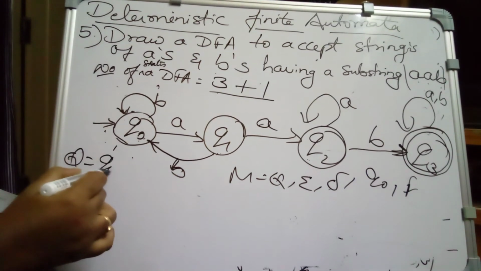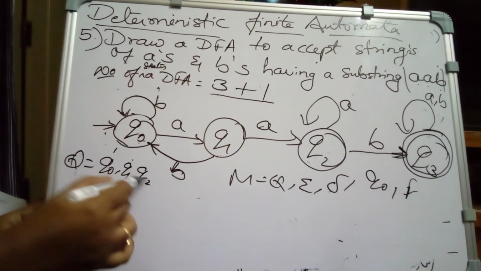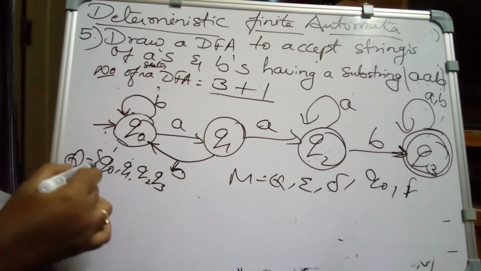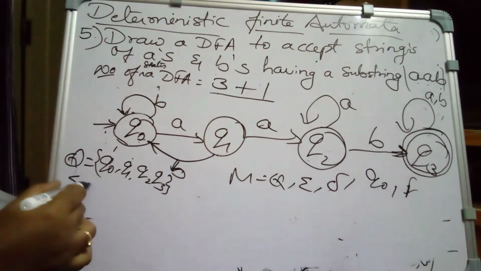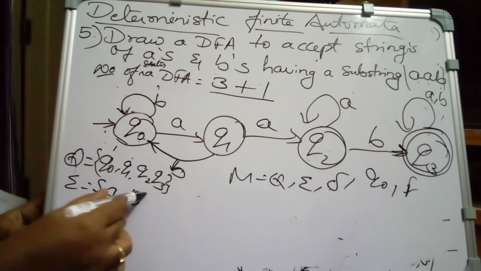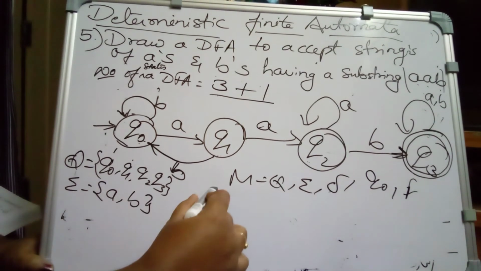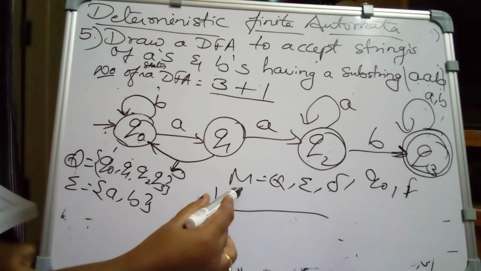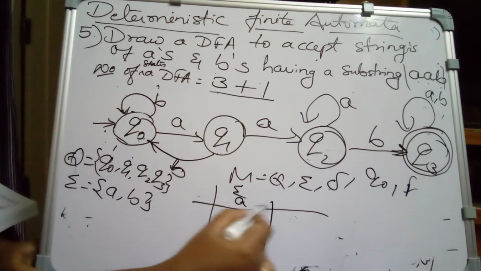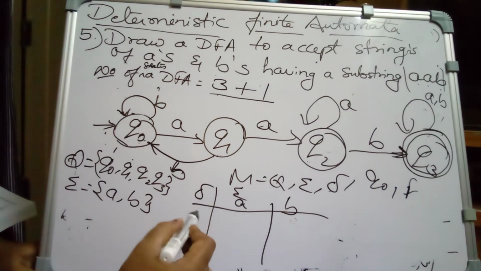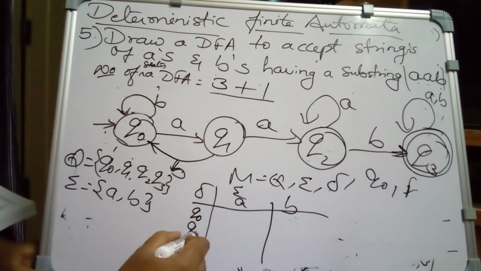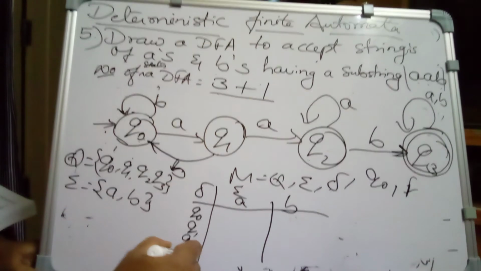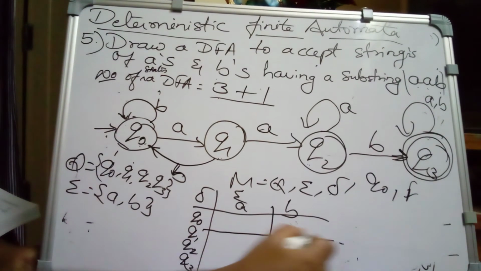Q is equal to Q naught, Q1, Q2 and Q3. So these are the states, and sigma is equal to the alphabet set, that is A comma B, and delta is our transition function. So we have to write the transition table. For the alphabet set, we have two symbols A and B, and for the transition function, write Q naught, Q1, Q2 and Q3.